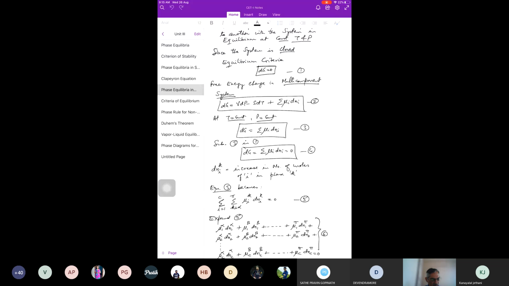So equation 3 becomes, we have to do summation over all components and over all phases: summation from i equal to 1 to C components, and summation from k equal to alpha to pi phases, of mu_i superscript k dN_i superscript k. That is equation 5. Any questions on equation 5?